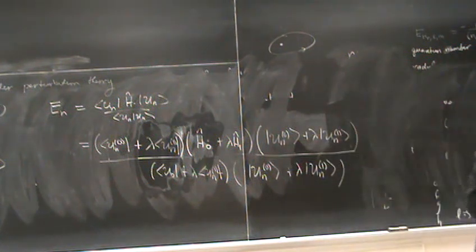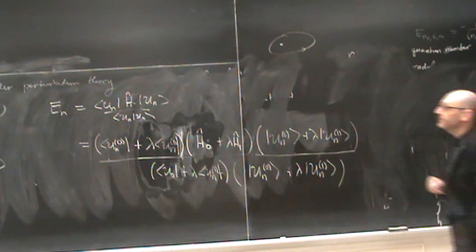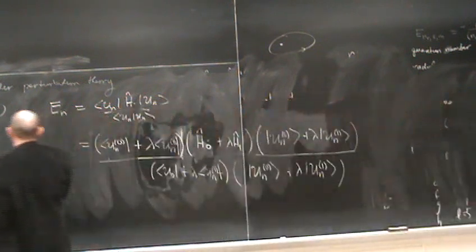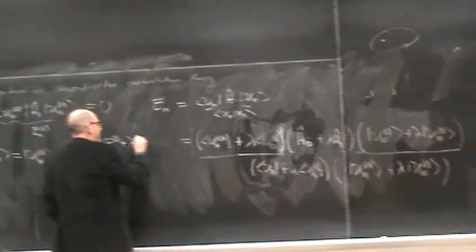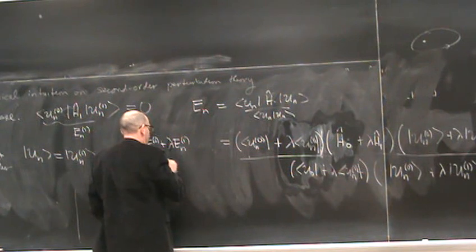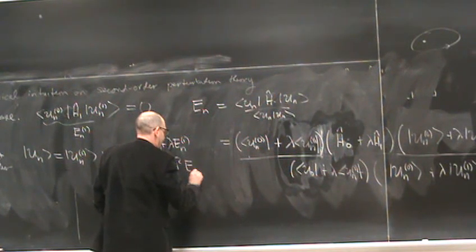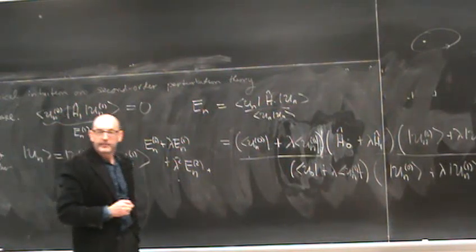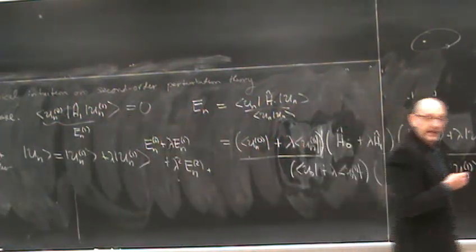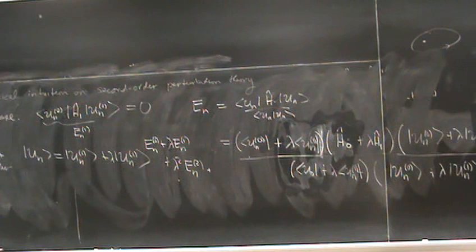Okay? So now I can collect on this side. This is equal to En0 plus lambda En1 plus lambda squared En2 plus dot dot dot. Okay? It's just another way to do this perturbation theory.